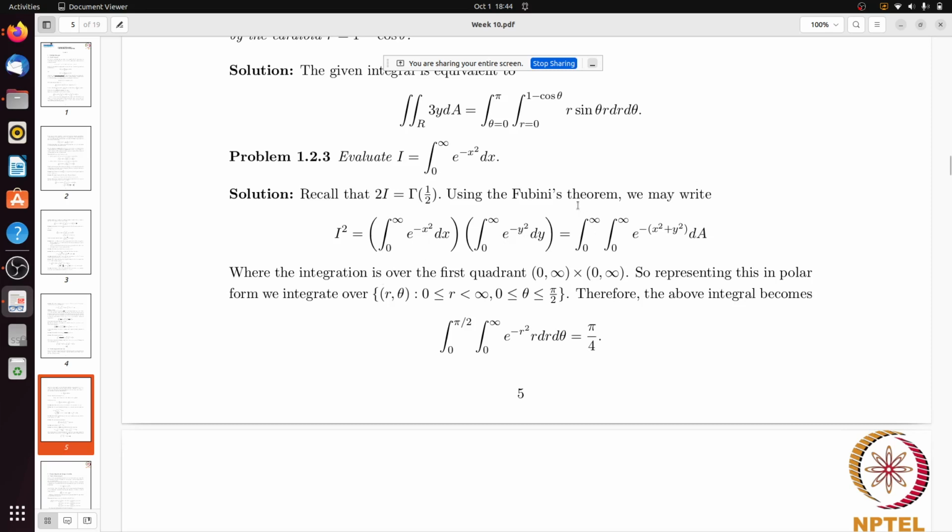If you combine it, you will get the double integral 0 to infinity, 0 to infinity of e to the power minus (x square plus y square) dx dy.